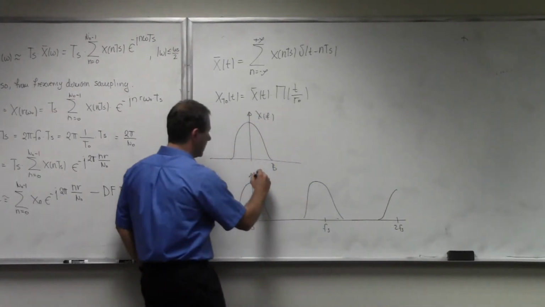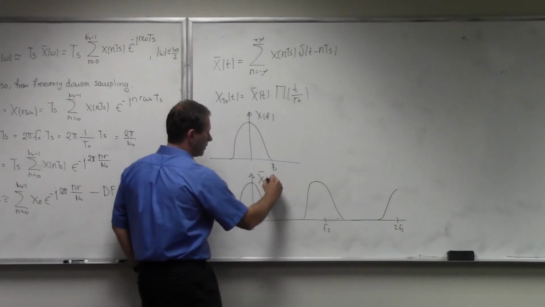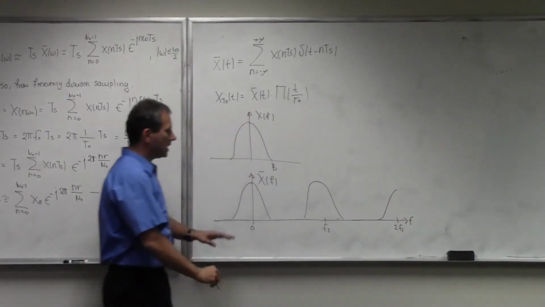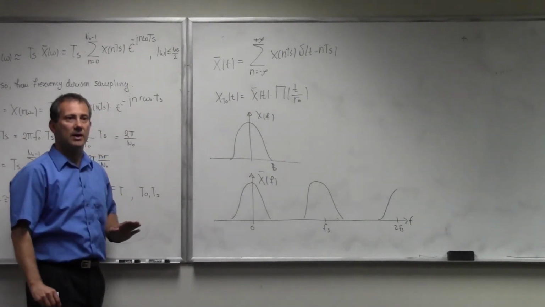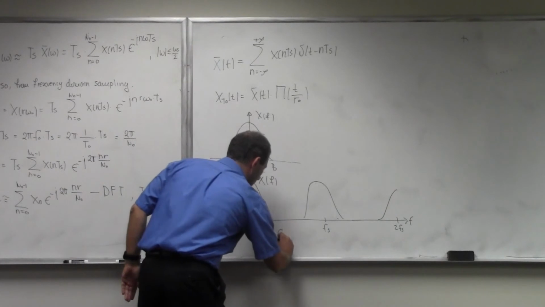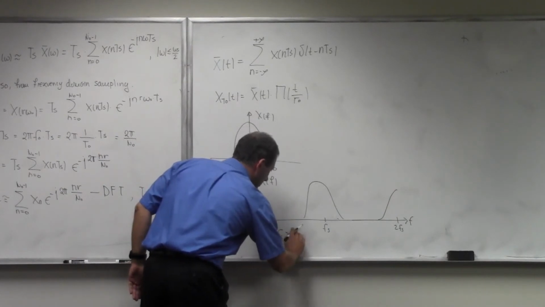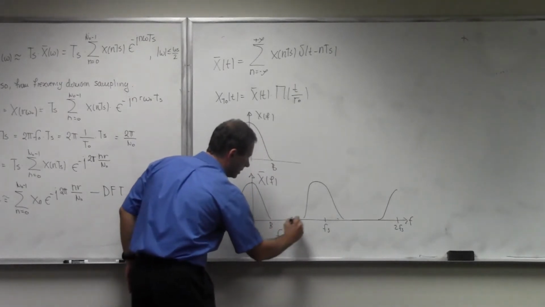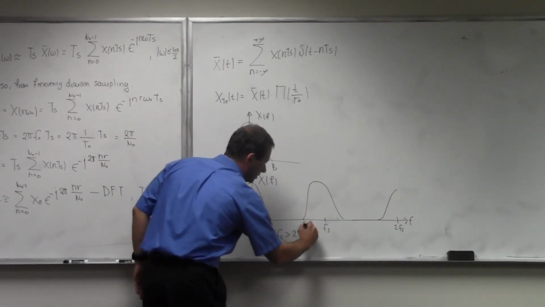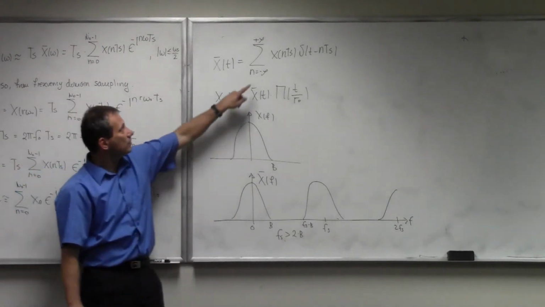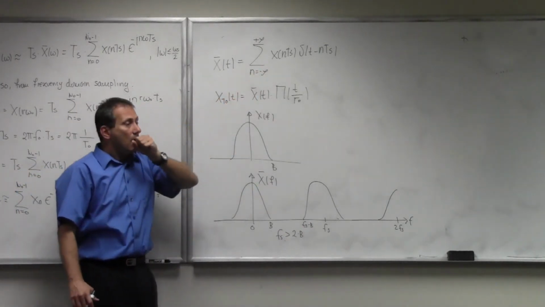So that's my X hat of f, periodically extended. I'm sampling, and there is no alias. Why? Because my fs is larger than 2 times B. Because this is B, this is fs minus B, and they don't overlap. So that's the Fourier transform of this signal.